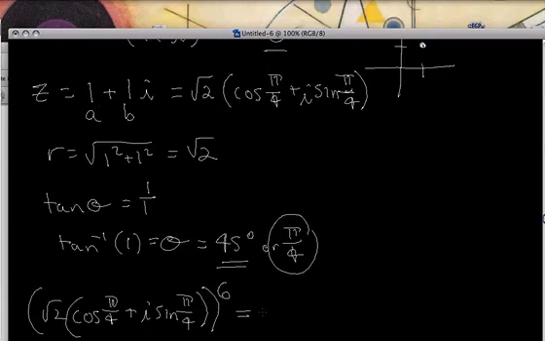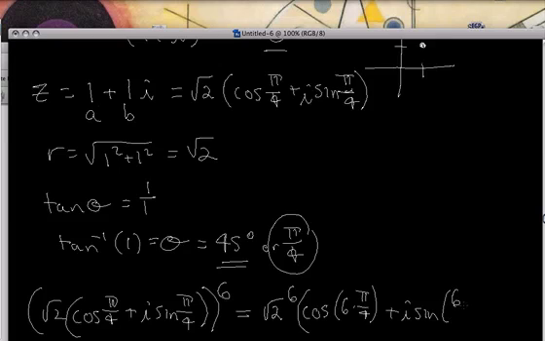So that would be root 2 to the 6th power times, parentheses, cosine of 6 times pi over 4 plus I times sine of 6 times pi over 4.